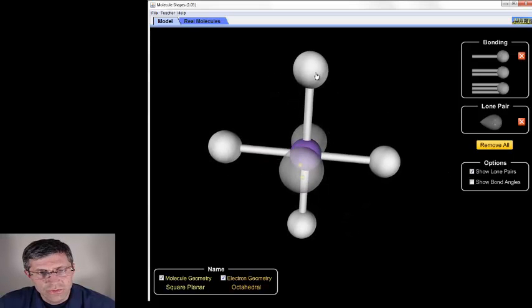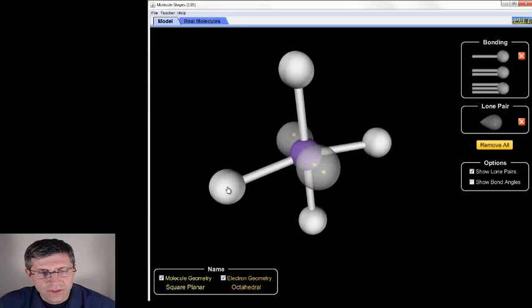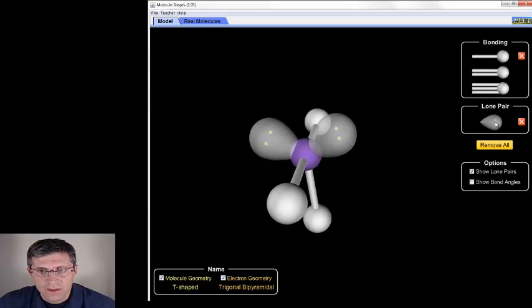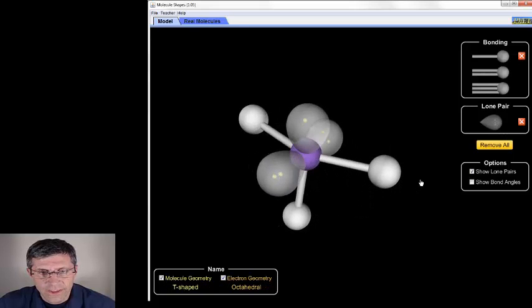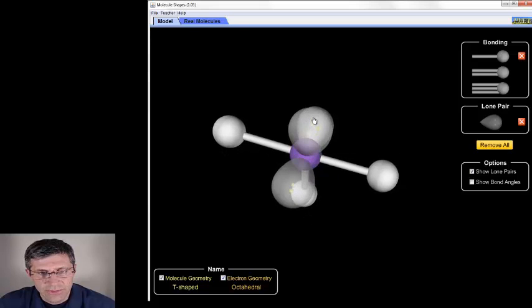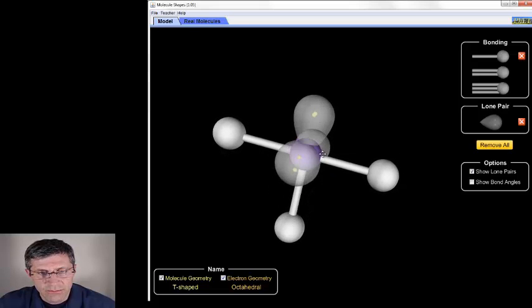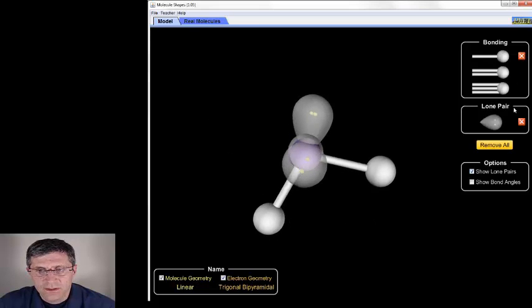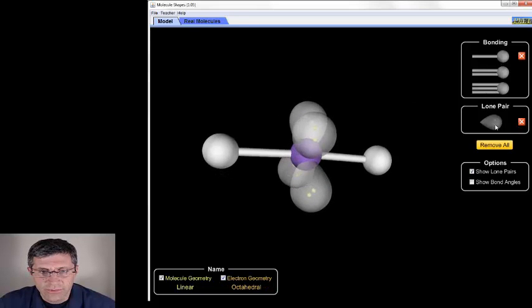If I replace it with two unbound electrons, see my square planar, those electron clouds are offsetting each other, so the bond angles will still be 90 degrees. If I add a third one in, I get to a T structure. Again, the electron clouds are repelling each other, not affecting the bond angles. I end up with 90-degree bond angles. And of course, we end up with a linear, still 180 degrees.